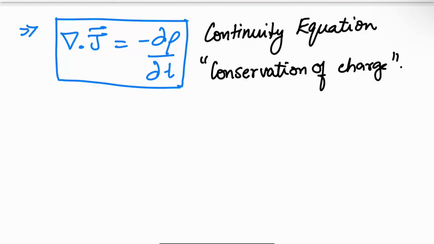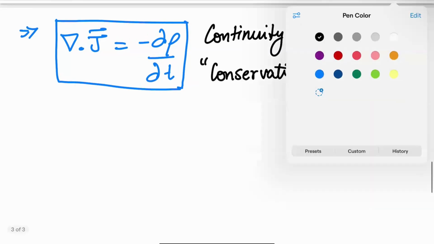So one thing I should say is that this is a classical field theory, which means that we ignore the quantized nature of charges and currents. So we're kind of ignoring the fact that currents and charges are made of electrons. We just treat them as real variables, right? Let's just say real for now. So essentially, rho is a real scalar field, and J is a real vector field. Okay.